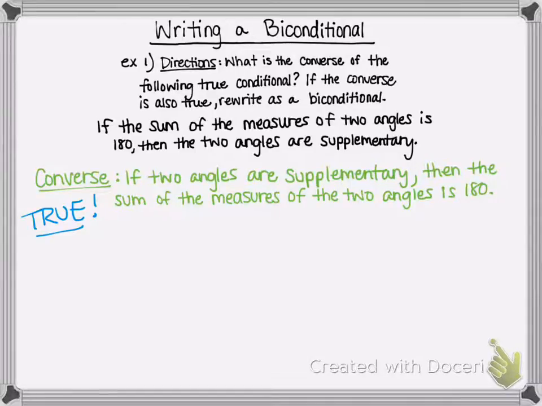So whenever you go to write the biconditional, there are two different ways to do it. We have already identified the conclusion of our original and the hypothesis of our original. So we're still going to use those two phrases, but instead of writing it in an if-then form, we're just going to use "if and only if" in the middle.